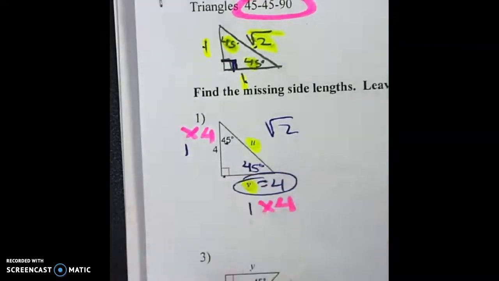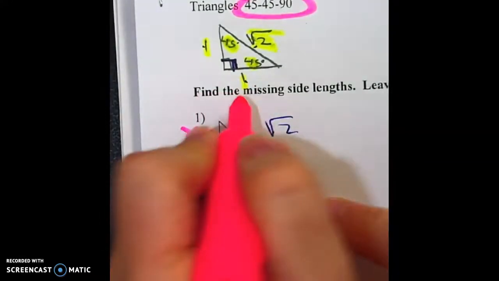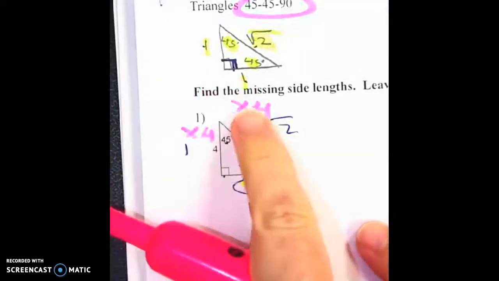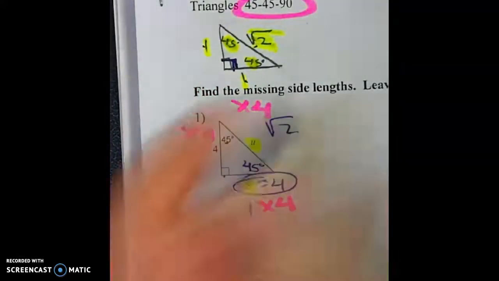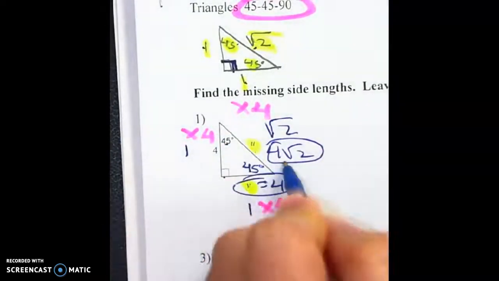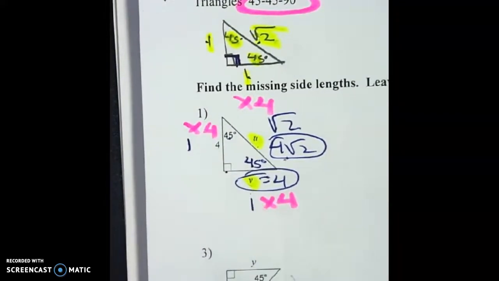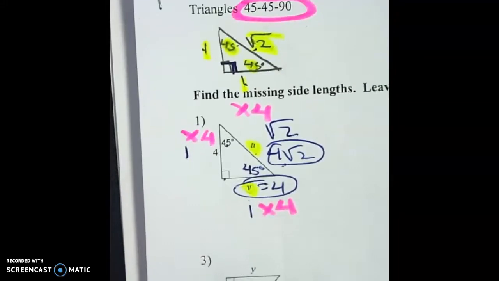So v is 4. And then if I'm going to multiply this by 4 and this by 4, I have to multiply this by 4. And 4 times the square root of 2 is 4 square root 2. So u is 4 rad 2, and v is 4. Okay? So if it is that, you can do that.